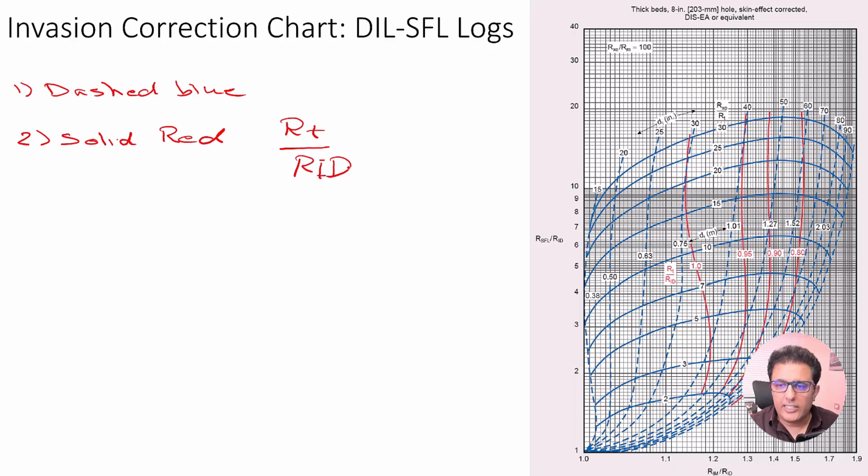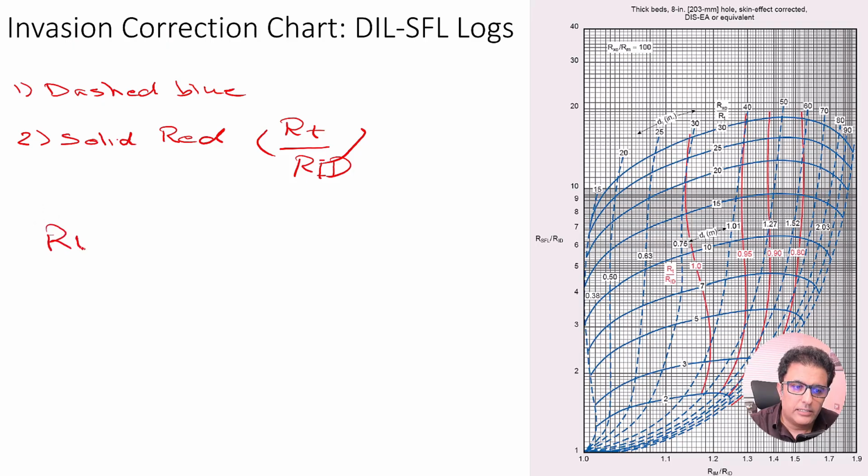So once you find the ratio of RT over RID, which you can read from the red curves, you can use this ratio to estimate RT. How can you do that?